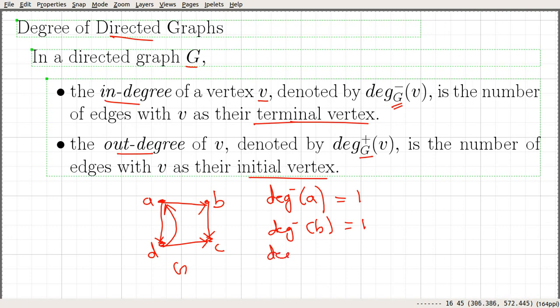The in degree of C is also 1, and the in degree of D is, here we can see that only one edge terminates at D. So the in degree of D is also equal to 1.